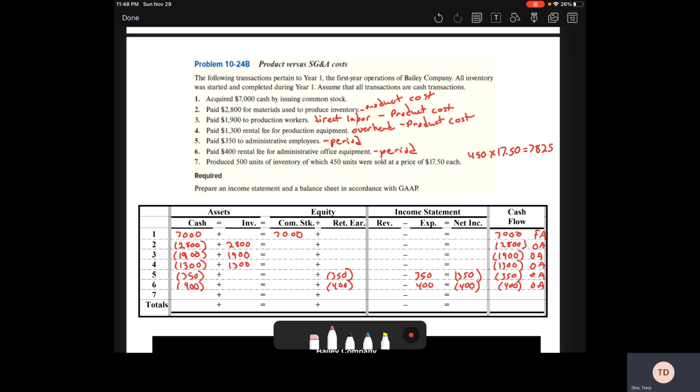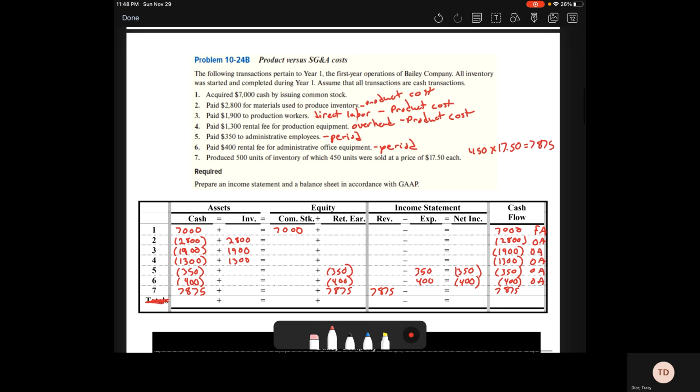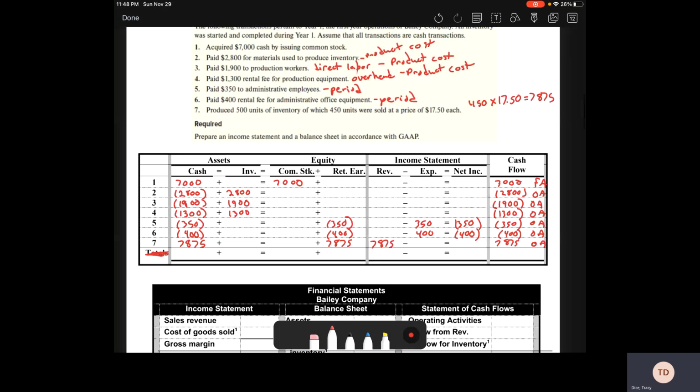Yep. Oh, 78.75. That's why I need to check it. All right, so this will be our cash revenue. So we are bringing in 78.75. Again, that's an operating activity.